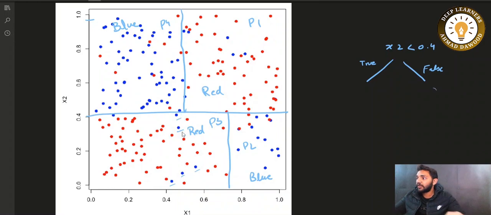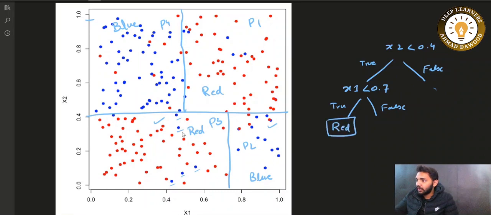If I draw a decision tree, for x2, the points that have x2 values less than 0.4 are this and this. Again, I can say the points that have x1 value less than, let's say, 0.7, if this is true and this is false, so this can be called red, and this can be called blue.